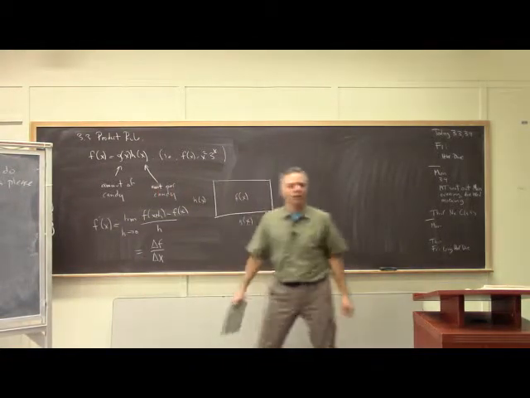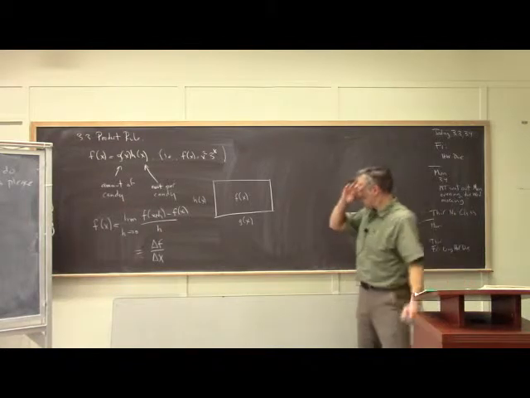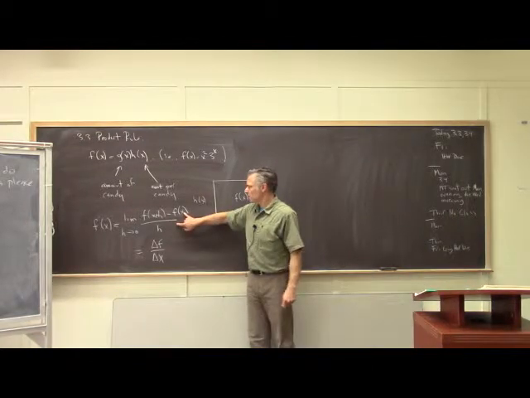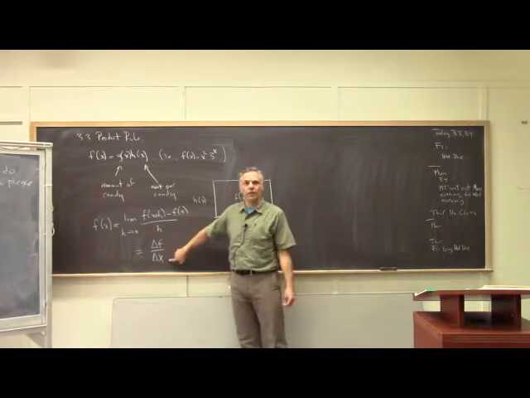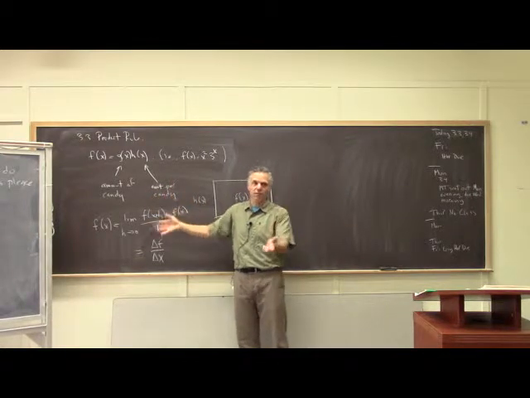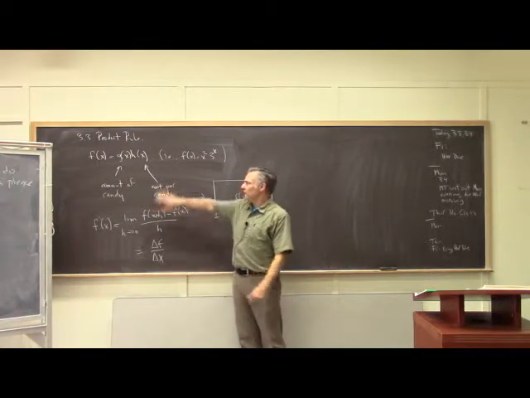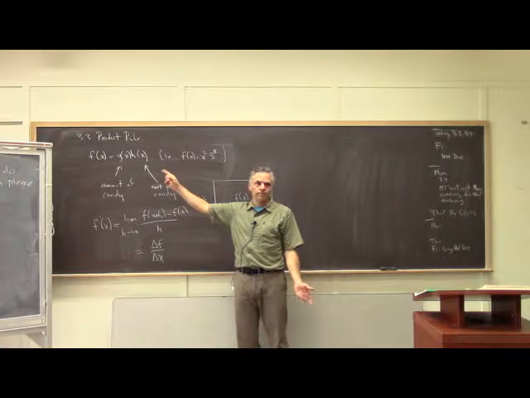Probably didn't even need to write the difference quotient down. The main thing that I want to remind you of is that this is just change in f over change in x. That's what derivative is. It tells you how f changes when x changes. The only thing now is f has these two parts to it instead of one.